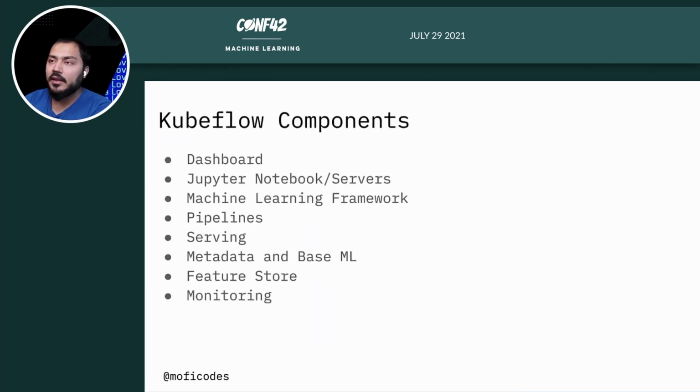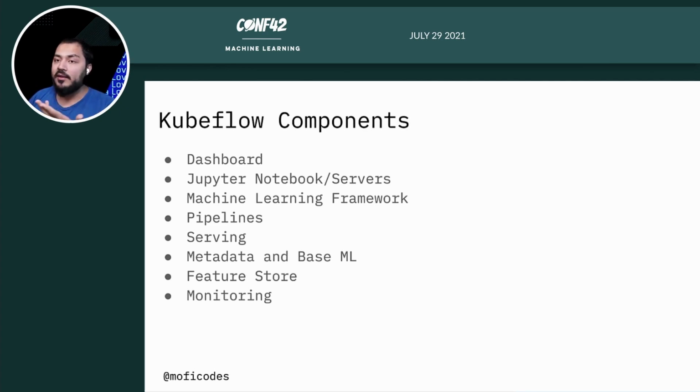So another view of the components. The very first thing we have on Kubeflow is a dashboard that lets us look at all the things that are on our Kubeflow environment right now. Next, we have Jupyter Notebooks. And as of the latest version of Kubeflow, we also have a bunch of other servers there as well, like Code Server or RStudio. We have some of the machine learning frameworks like TensorFlow, XGBoost, PyTorch.